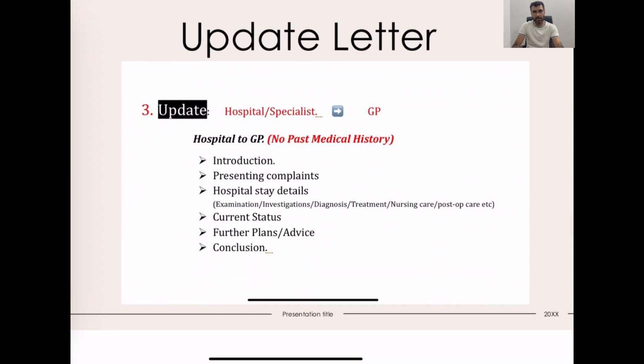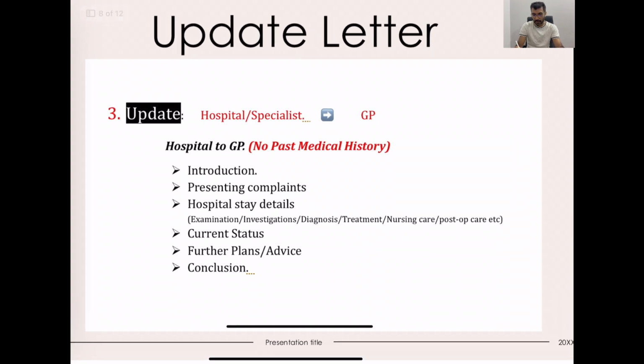So an update letter is like a discharge letter. This is also written to a GP. So what actually happens in the case of an update letter? Suppose this is the GP, and this is the hospital or specialist. The GP refers the patient to the hospital or some specialist.